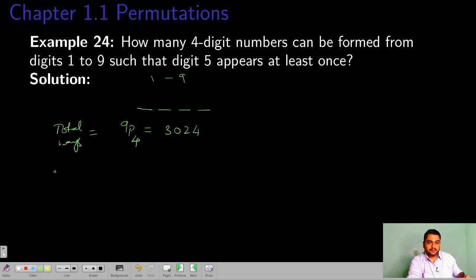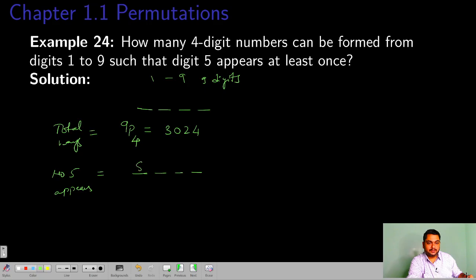Then, for 5 appears at least once, let us first calculate the case where no 5 appears. How many ways can we do it? 1, 2, 3, 4, 5. There are 9 digits in total, and 5 should not be there.